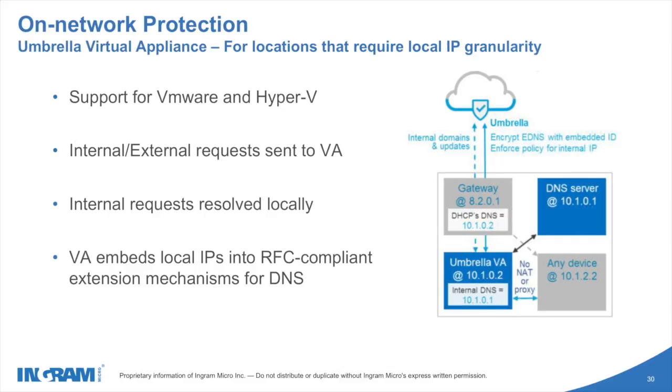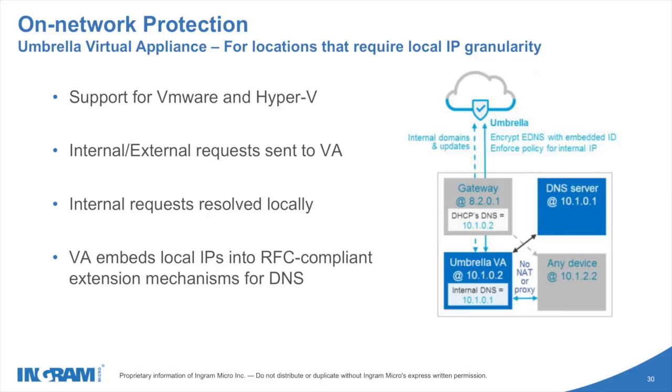Let's see how it works with the virtual appliance, the Umbrella VA. The VA is a lightweight DNS forwarder hosted on VMware or Hyper-V. It uses the DHCP method to point all requests for internal and external domains first to the VA, which forwards requests for internal domains to the existing local DNS servers.